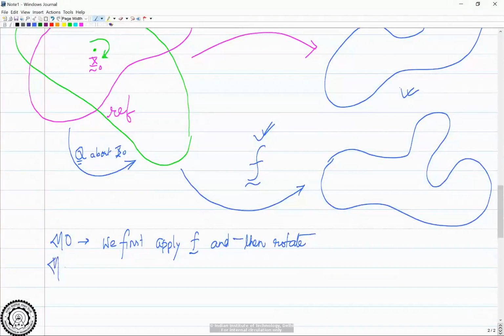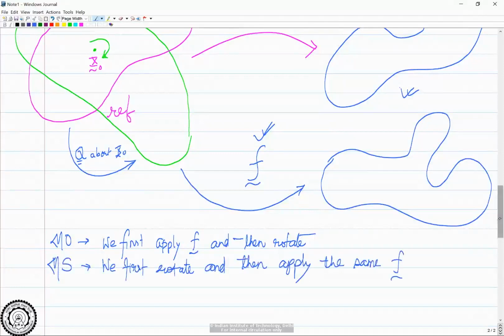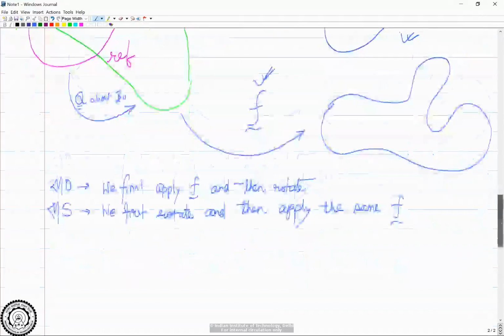Whereas for material symmetry, MS, we first rotate and then apply the same F.